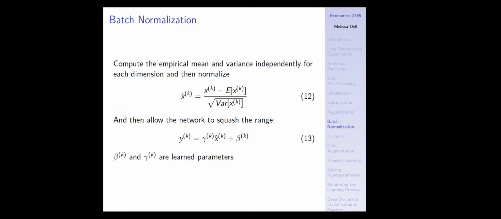If you just did that, it would make all your activations exactly unit Gaussian. You might not want them to be just unit Gaussian. You might want them to be able to spread out or shift. And so in practice, you'll also estimate these beta and gamma parameters. These are learned parameters, and they allow you to squash or shift this distribution of activations.